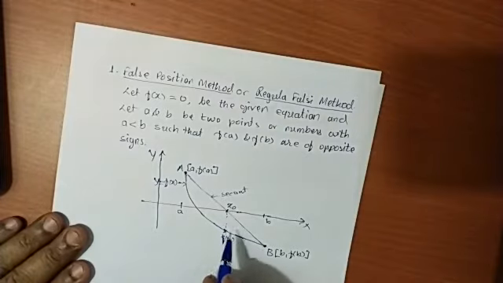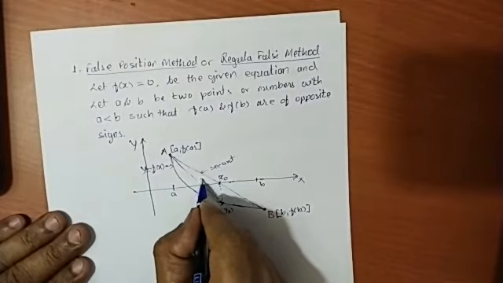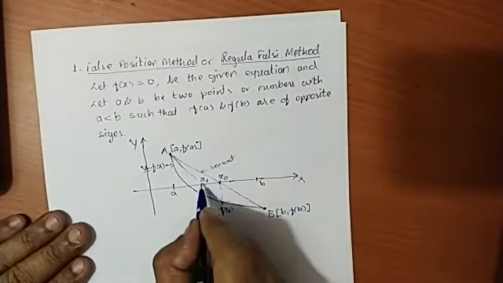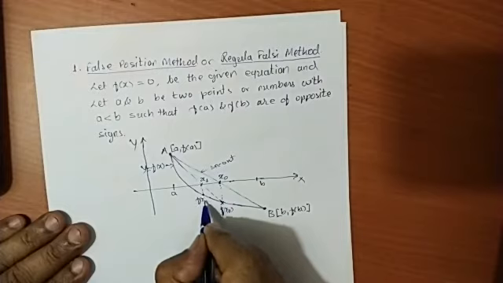So certainly there is a root in this interval a to x naught. Therefore, I consider this chord as my next improved root. So this becomes my second approximation. I call that x1. Then I find x1. This is f of x1.